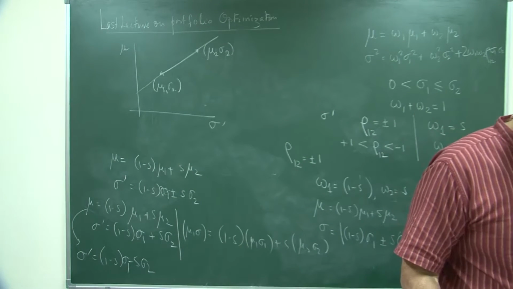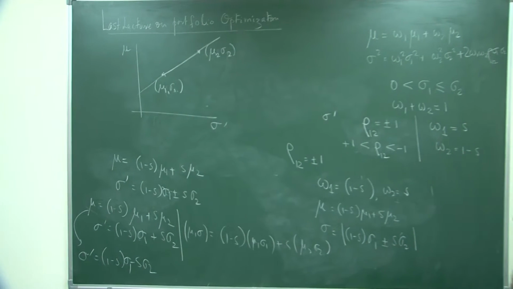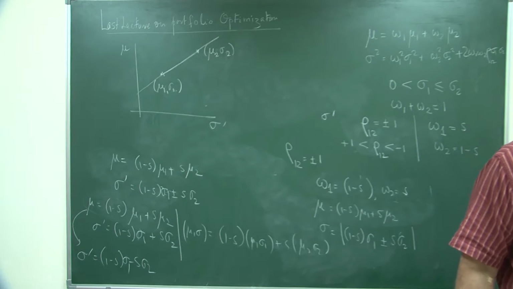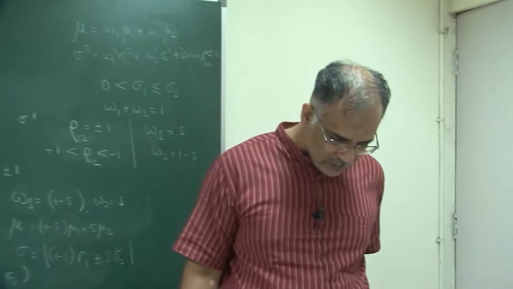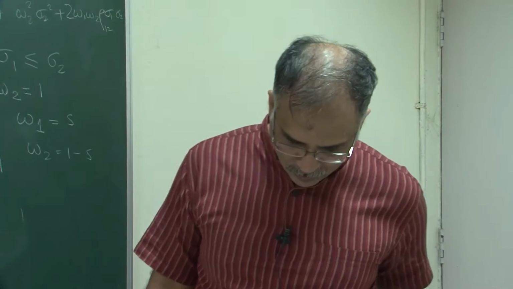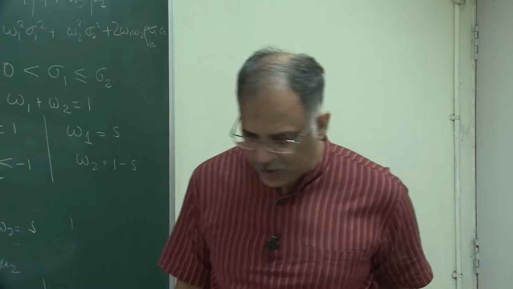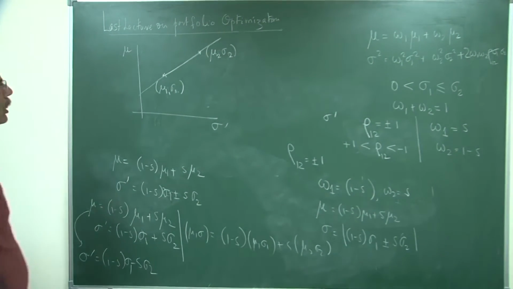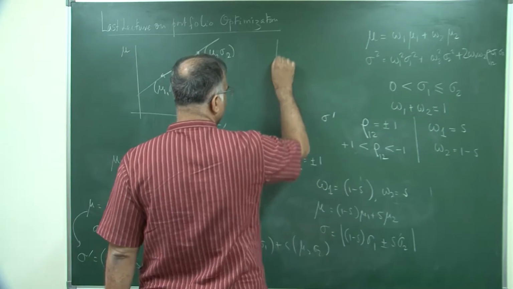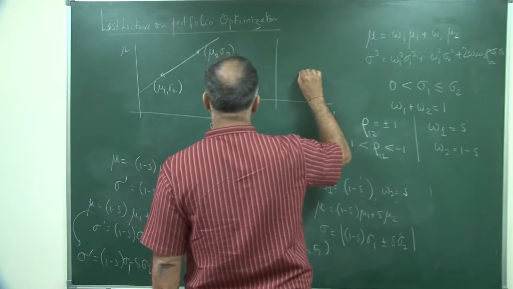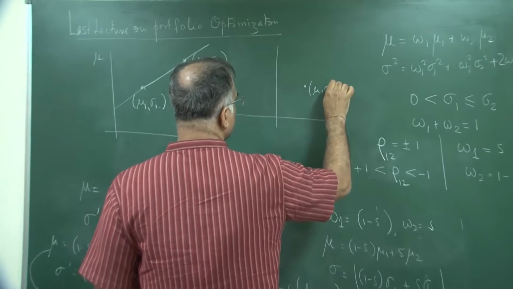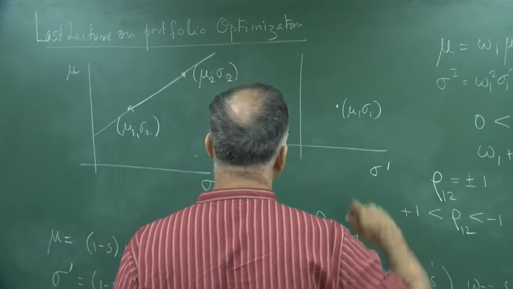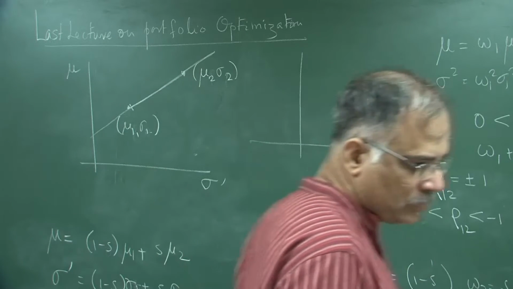So, it is passing through mu 2 minus sigma 2 and mu 1 sigma 1. That is exactly what is happening. Now it is just the reverse. So, here if I have the diagram with the same mu 1 sigma 1, now it is a line passing through mu 2 but minus sigma 2.